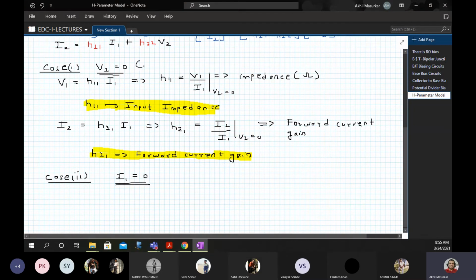V2 equal to 0 also means the output port is shorted, and I1 equal to 0 means the input port is open circuit.